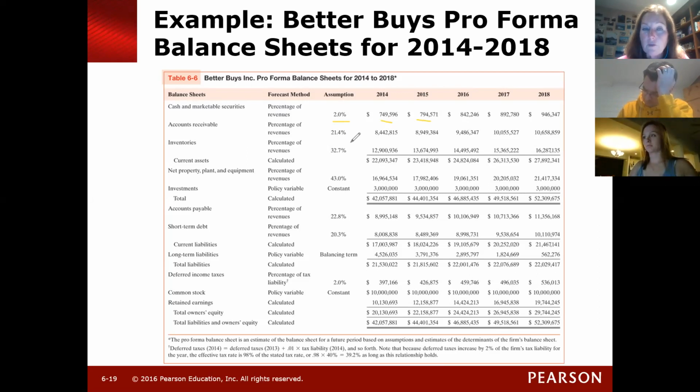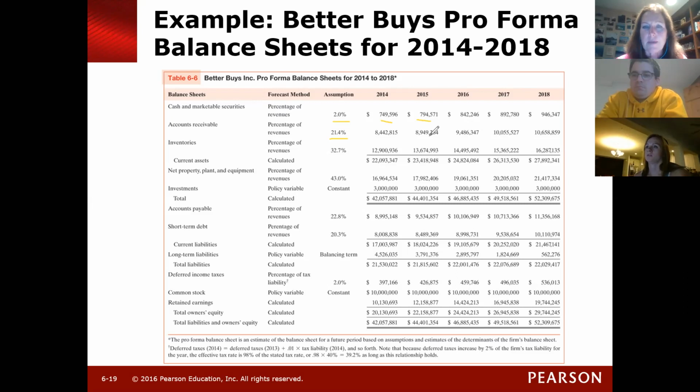Our accounts receivable, how do we have accounts receivable? Because we're selling stuff on credit. And so when we look at this company, we can see that it's about 21.4%. So we project that forward. It would be unusual, and more work than you really need to do, more detail than you can adequately manage, unless you have some knowledge that something big is going to happen in 2016 in this case that would cause their accounts receivable to change.